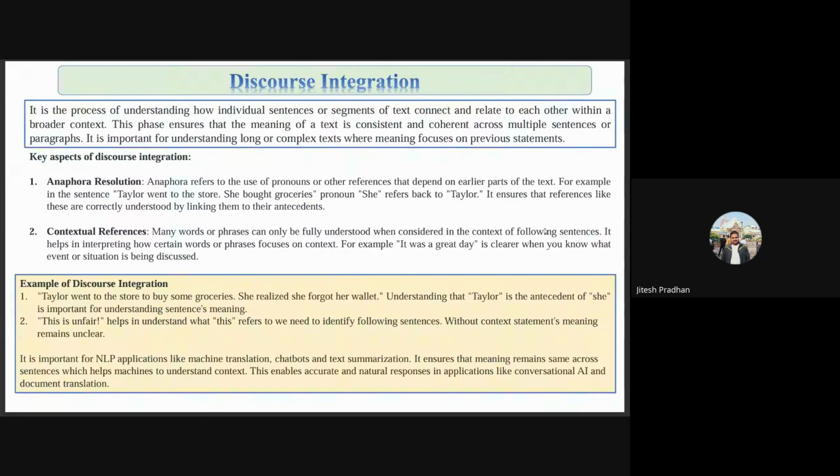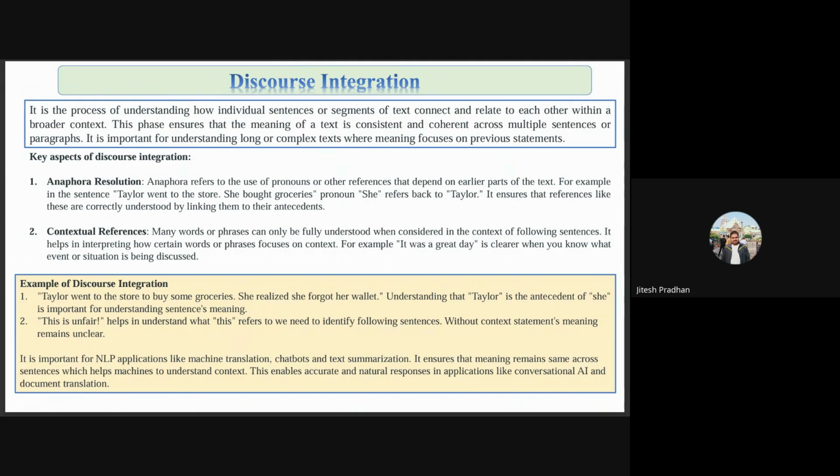Okay, now we have discourse integration. It is a broader version. Broader means that now we will look at the context of the sentence before that sentence and after that sentence. It will try to find the context of a sentence in its surroundings.